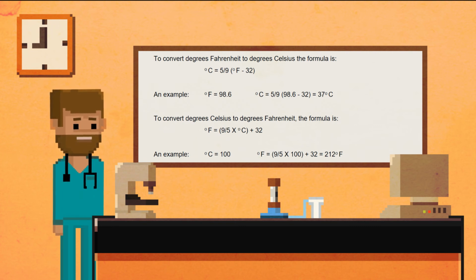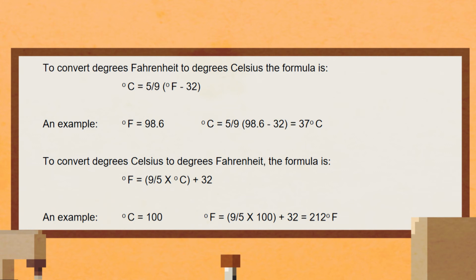That kind of helps me remember 5/9. And if I'm converting from Celsius, then you have to flip it, 9/5. So the degrees in Fahrenheit is 9/5 times whatever you have in Celsius plus 32.